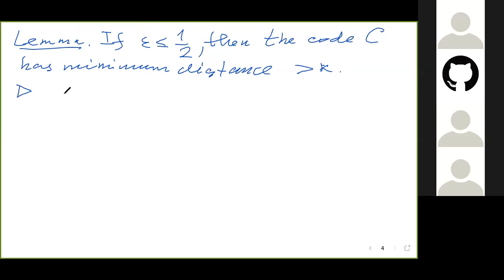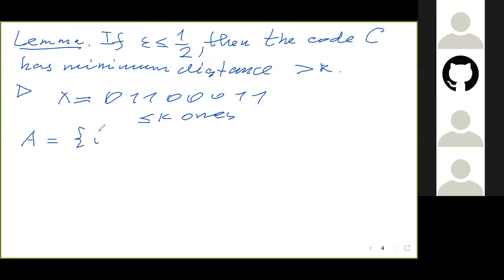So assume that we have some non-zero code word which has at most k 1s, Hamming weight at most k. Then consider A to be equal to the set of all positions where xi is 1.